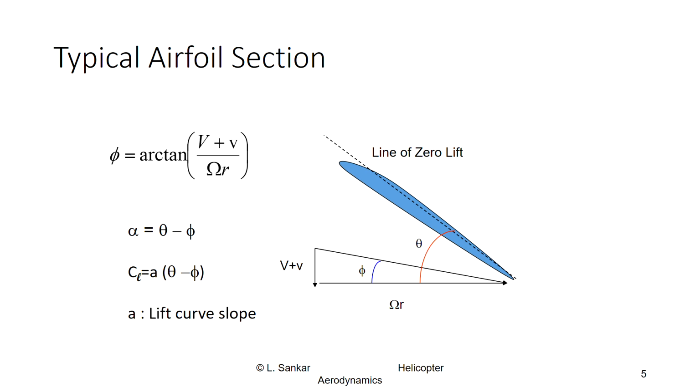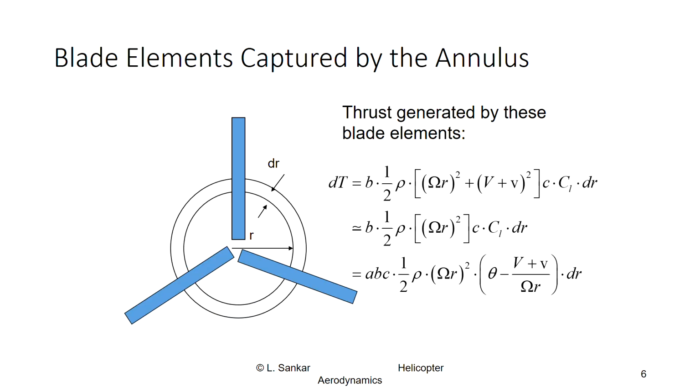So tan inverse of a small number is the number itself, as long as it's in radians. Therefore, the CL we can write as a times theta minus phi. So in the bottommost equation, we see phi is capital V plus lowercase v divided by omega r. That's the tan of phi, but we write it as phi itself.